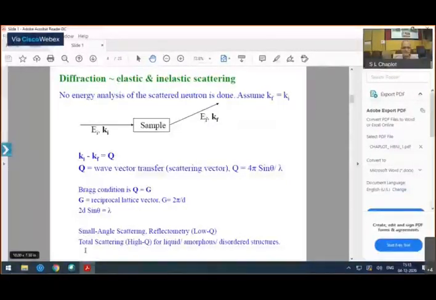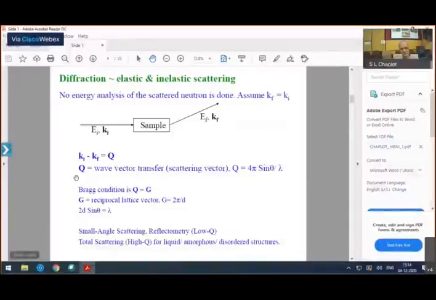In addition to this, there are also techniques in diffraction known as total scattering, which goes from small q to large q. And this has the Bragg scattering as well as scattering due to any disorder in the structure, or the amorphous nature or liquid and so on. So when one has the total scattering, then one can use standard techniques of Fourier transform or Monte Carlo and so on to get the structures.